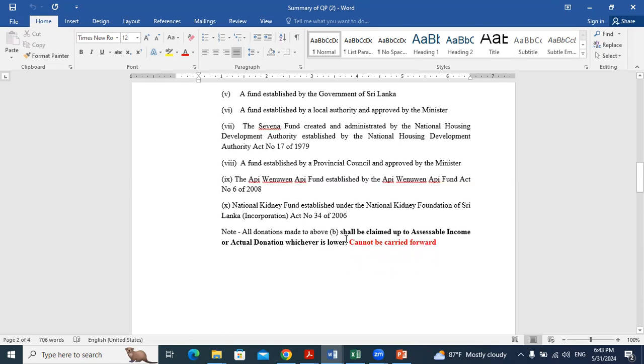It shall be claimed up to assessable income or the actual donation, whichever is lower. But if something is remaining, that cannot be carried forward to the next year of assessment.